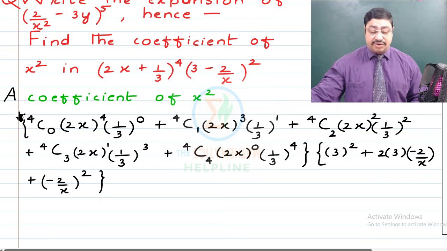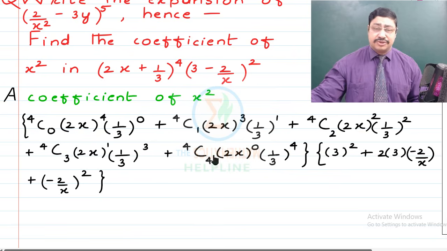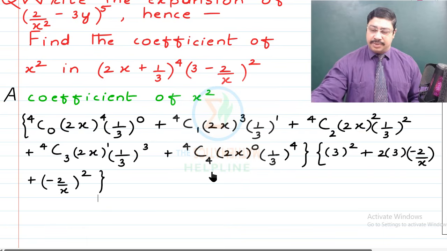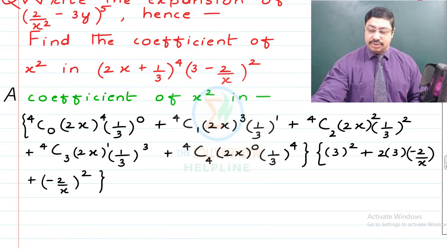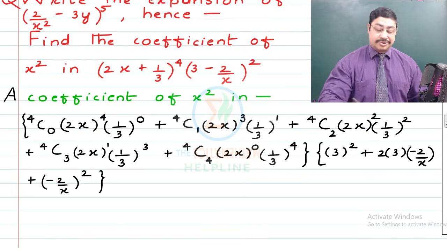But as we've just got to find out the coefficient of x square, so we should actually be choosing those terms which will actually have x square in it, right? And only then we'll be able to find out the coefficient, as I will show you just now. So here we say that we are trying to find out the coefficient of x square in this. Now, which are those terms which actually are going to have x square?